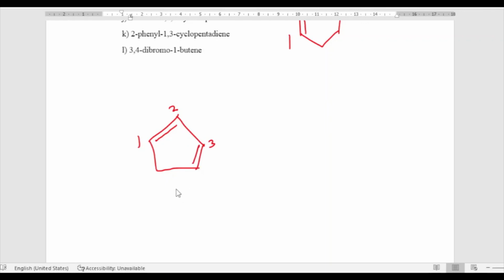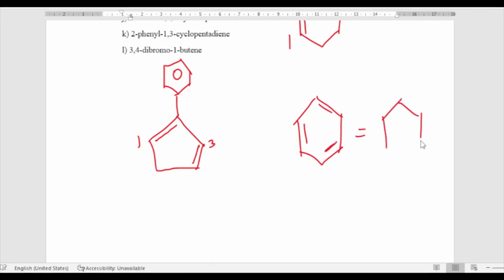And then phenyl is at carbon number 2. So the substituent will be here, at carbon number 2. So this is phenyl. Phenyl or benzene, you can draw it like this with 3 double bonds inside, or you can just draw a small circle in the middle.